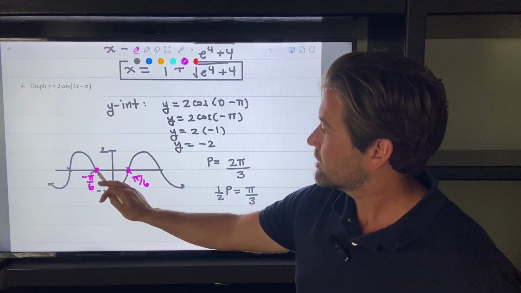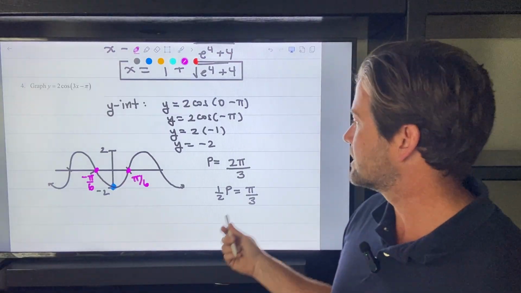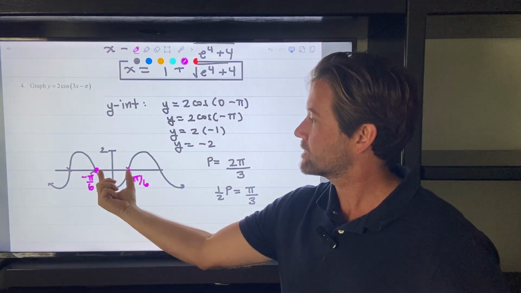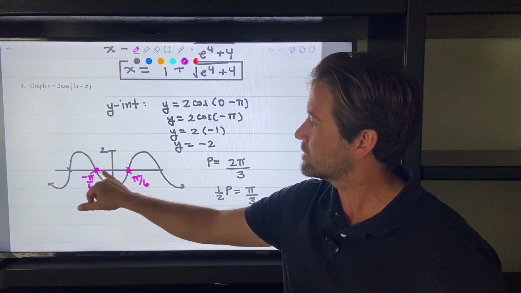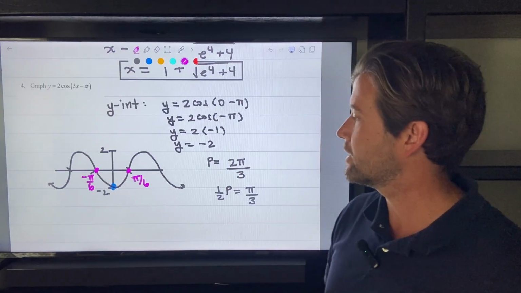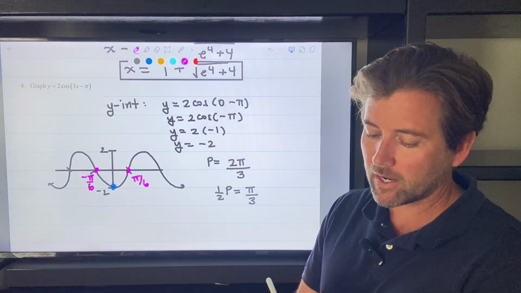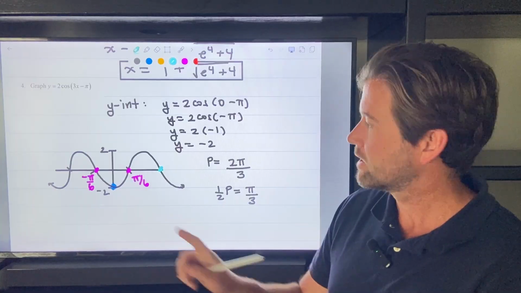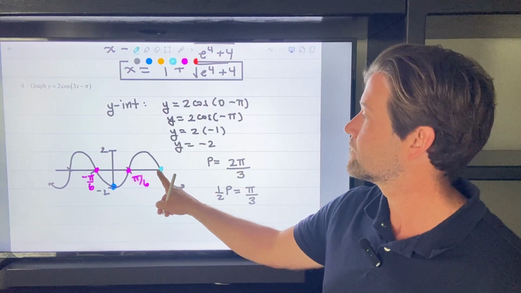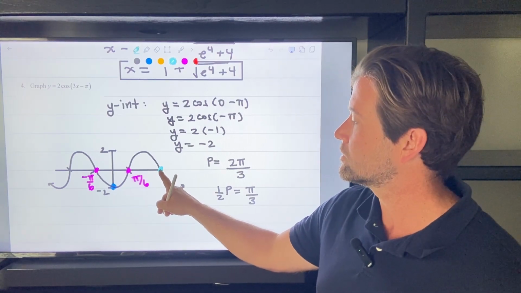Now, again, from this x-intercept to this x-intercept has to be a distance of half the period, which is pi over 3. This total distance is 2 pi over 6. See, 1 pi over 6 is here, and then another pi over 6, that's 2 pi over 6, which reduces to pi over 3. If I add pi over 3 to go from here to this next x-intercept, I would get pi over 2.